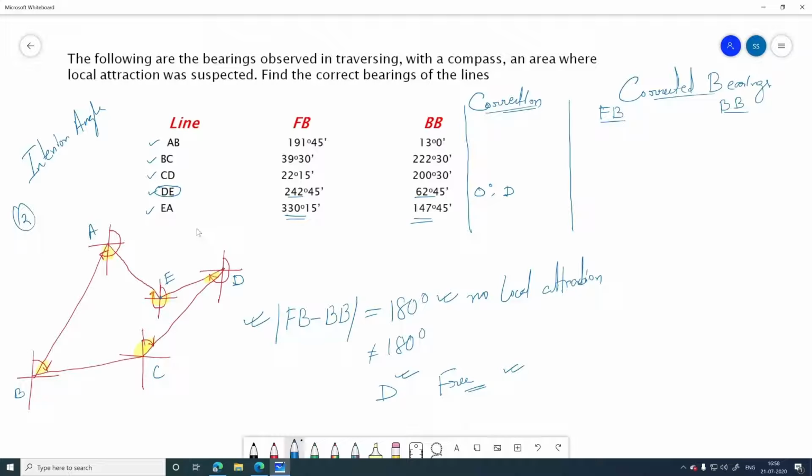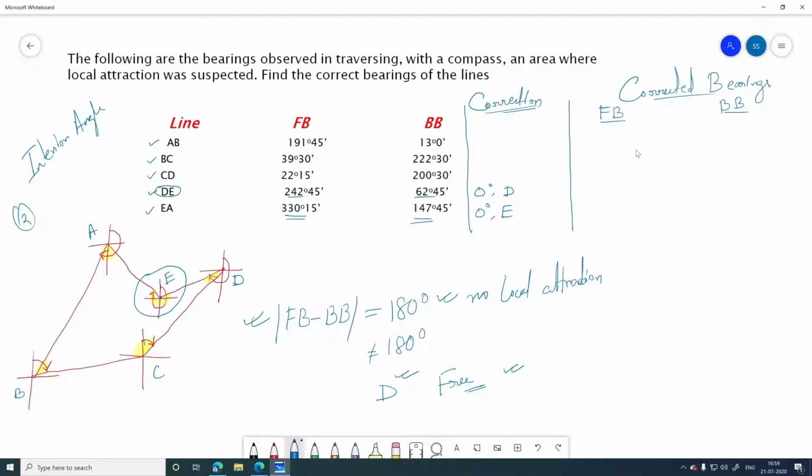But as we are considering the station point E only, there is no requirement of correction at this point E. The back bearing of EA means the forebearing of AE. Then we will consider the station A, but right now as we are considering station E, no correction is required at station point E.